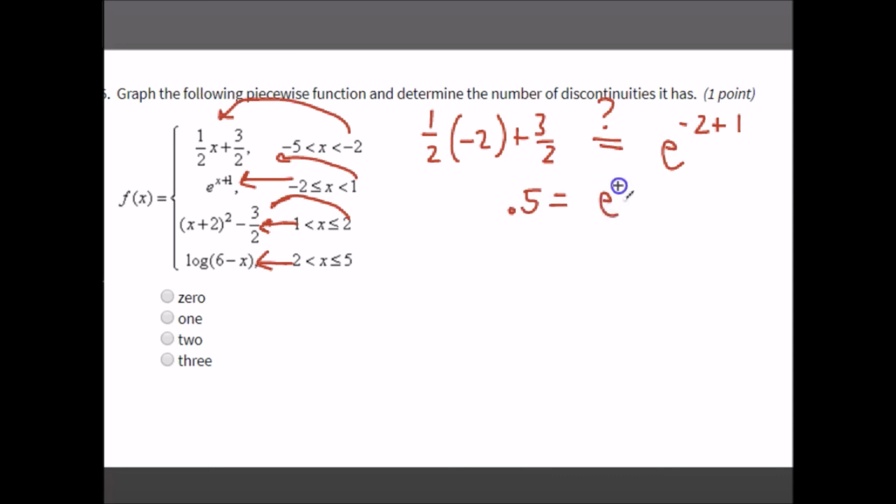And this is the same as e to the -1, is it? If you put e to the -1 into your calculator, you're not going to get -0.5. So we are not continuous at -2. So I know I have one discontinuity already. That one's discontinuous. So now I'm going to put 1 in the second piece.